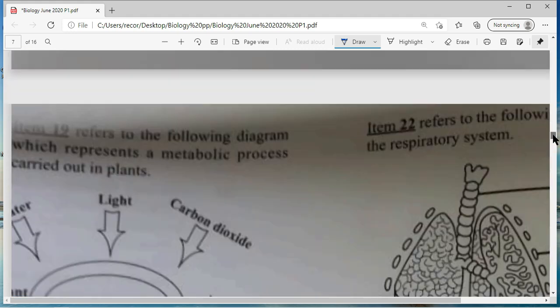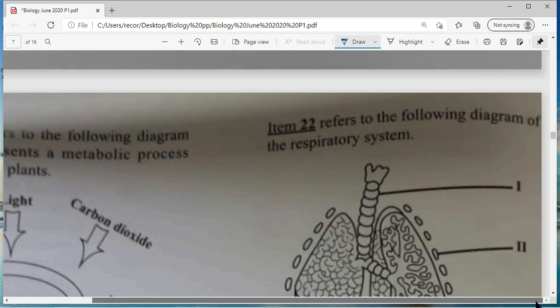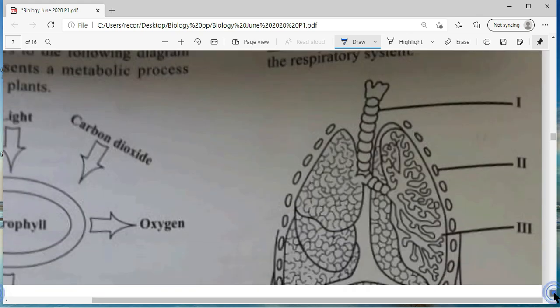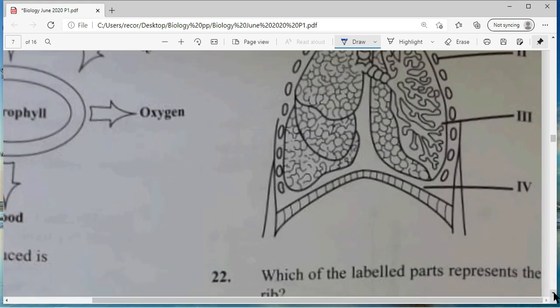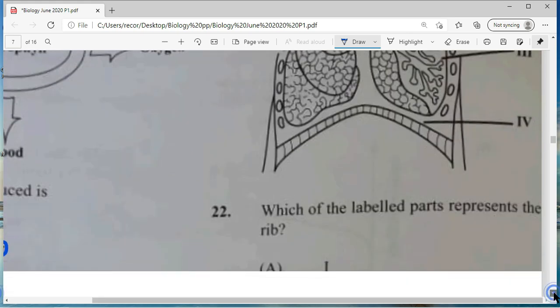We make our way to the other question, which looks at the respiratory system, and we are at item 22. One is the trachea, two is the ribs, three is the bronchioles, and four is the diaphragm. Now, which labeled part represents the rib? As we said, it's 2, as you're seeing on screen.